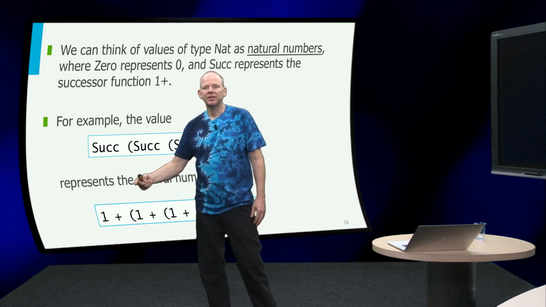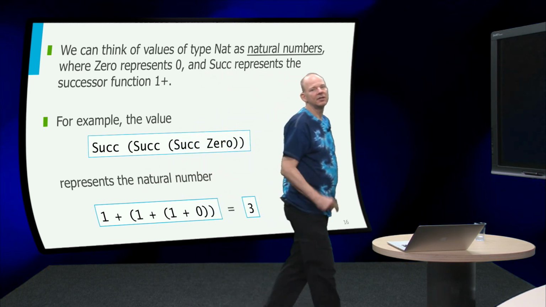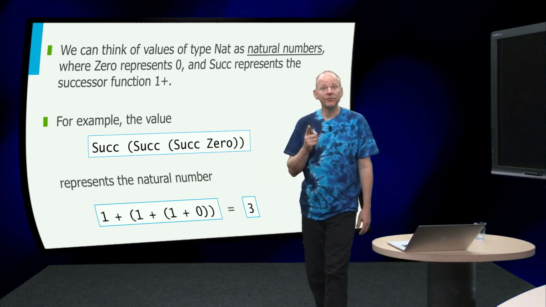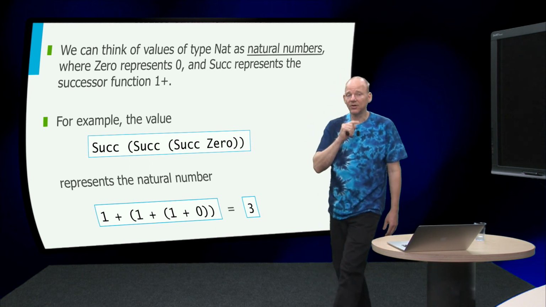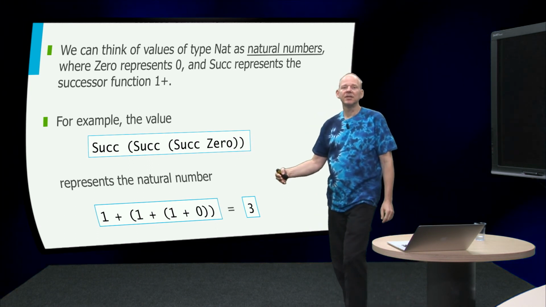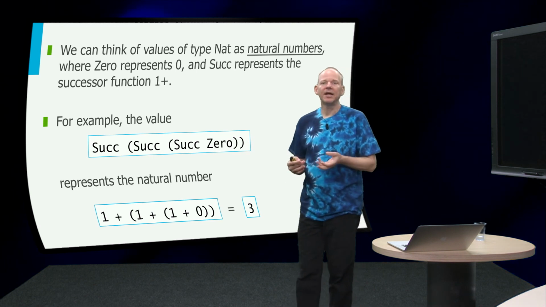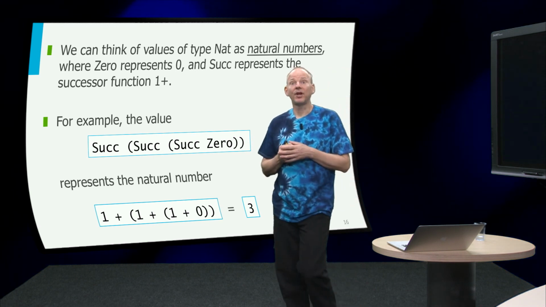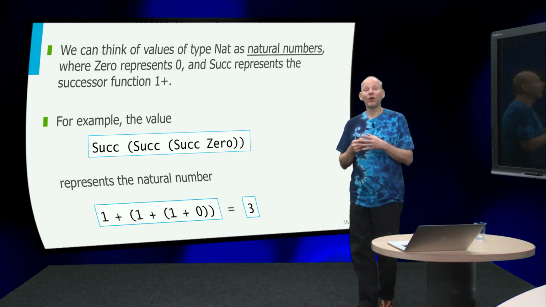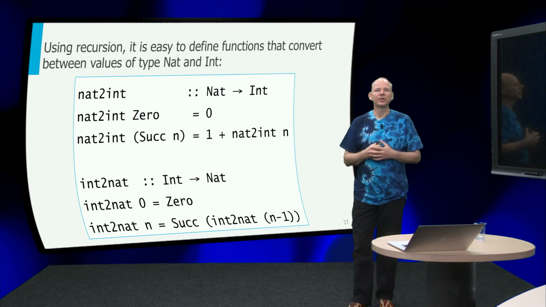You see that we maintain the same structure, we add those up, and we get 3. This is a homomorphism from Nat to integers, and we can define it just like we defined foldr over lists. We can define this function using foldr over natural numbers.